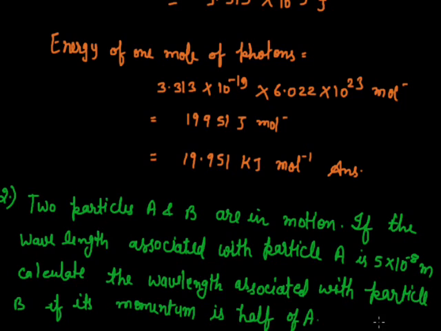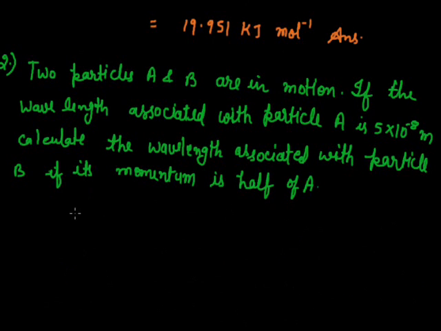So in this question, firstly we have to assume two particles, A and B, and the wavelength of particle A is given, which is lambda A. We can write lambda A is equal to 5 into 10 to the power minus 8 meter.